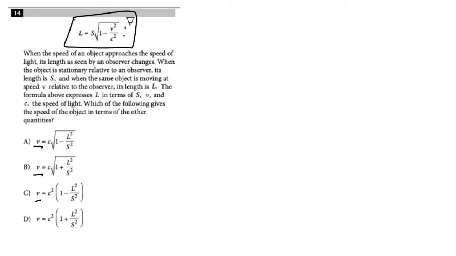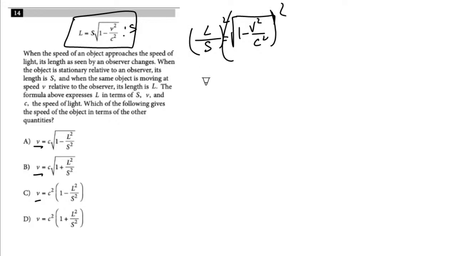I first divide both sides by S, so I get L divided by S equals the square root of 1 minus V squared divided by C squared. Now I need to get rid of this square root sign, so I square both sides. I get L squared divided by S squared equals 1 minus V squared divided by C squared.